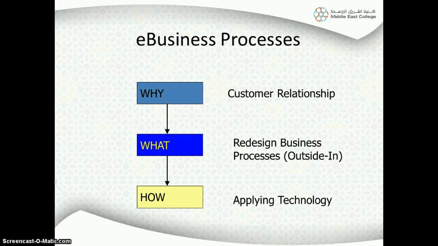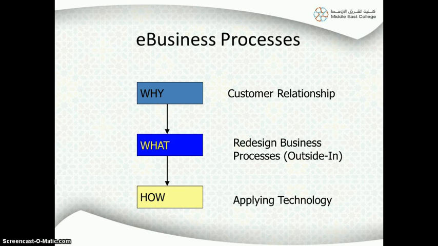So let us discuss the why for the e-business process. It is how you can connect your customers to the internal system to share information. So every time information is given, you have to keep the customer in the loop.